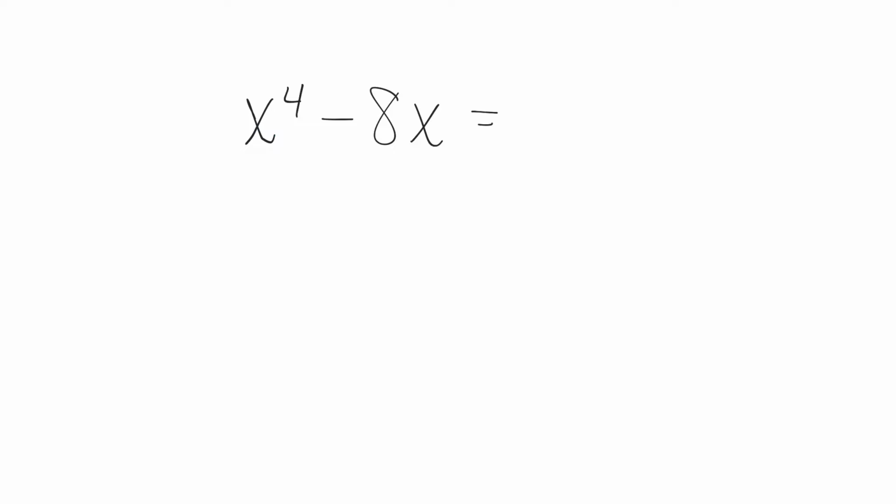But can we do something here to make it a difference of cubes? We can. What would you do? Did you answer? Okay, what would you do? If it were me, I would factor out an x. And then you would have x cubed minus 8, right?